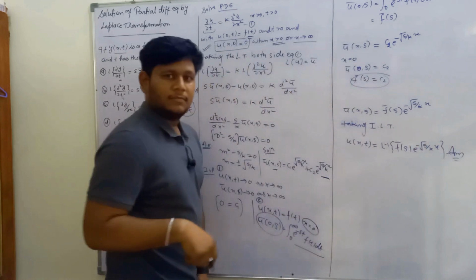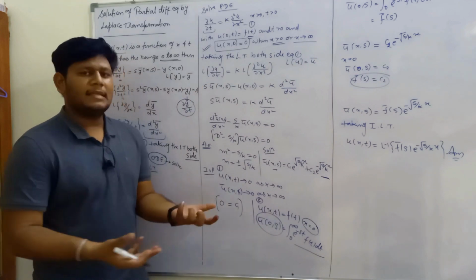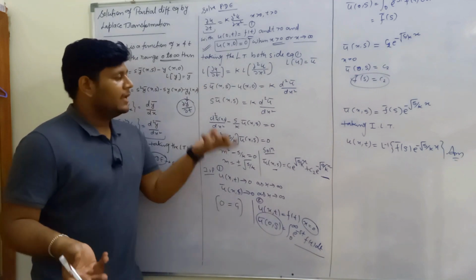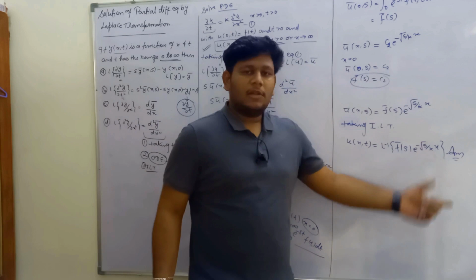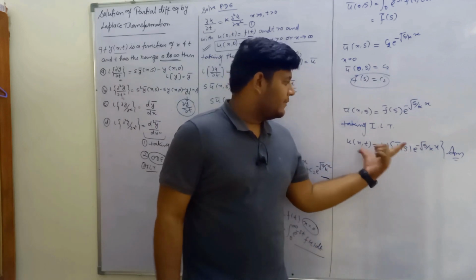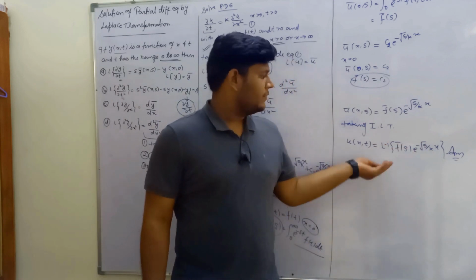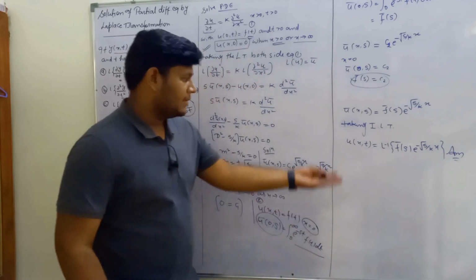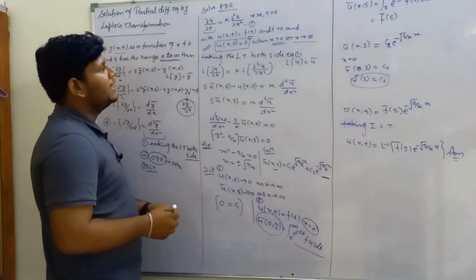If there were a function like sin x, cos x, sin 2x, sin ax, or e^x, then we could solve this further, but no function is specified here. This is the solution of the heat equation.